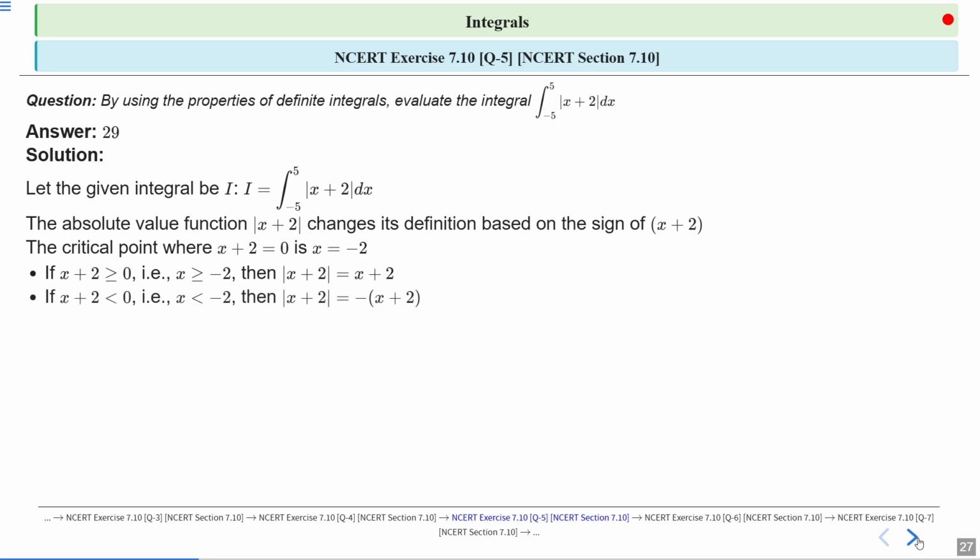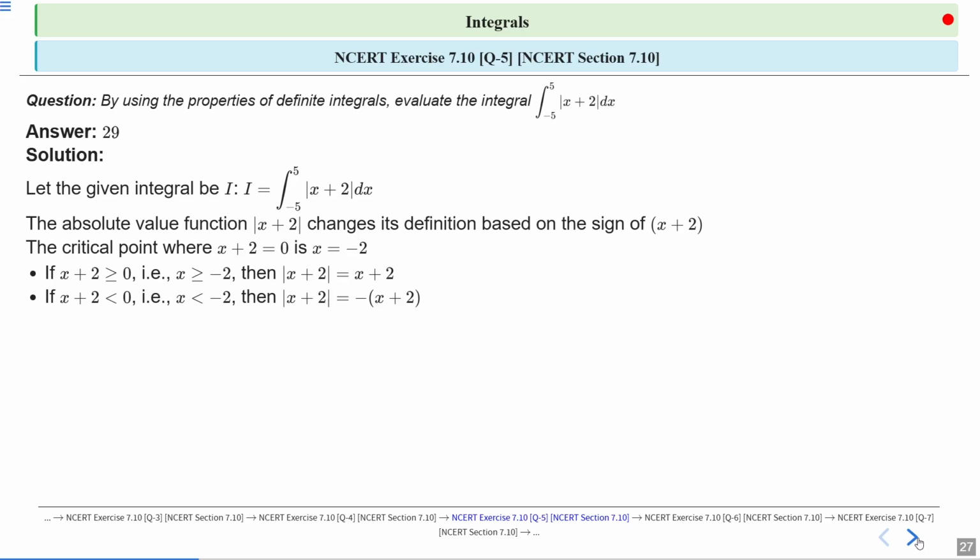Similarly, x plus 2 is negative, x plus 2 is less than 0, if and only if x is less than minus 2, then the absolute value function gives minus of x plus 2, because on the interval below minus 2 the absolute value function is minus of x plus 2.